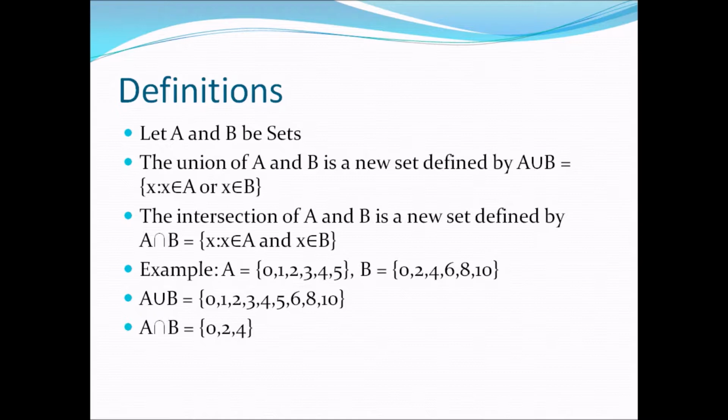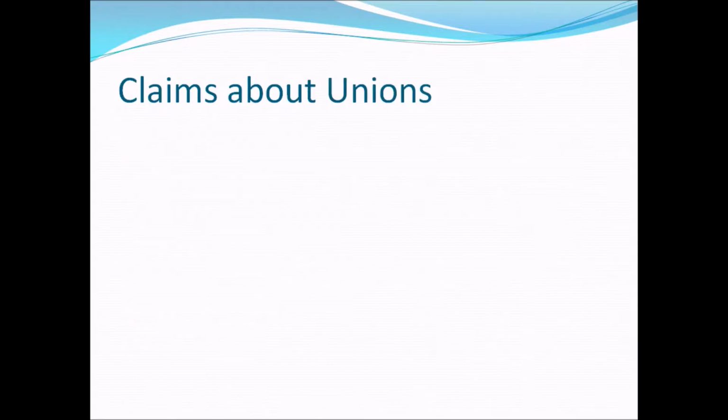A intersect B is 0, 2, and 4 because those are the even numbers between 0 and 10 that are less than 5. So they appear both in A and B, so they're in the intersection.